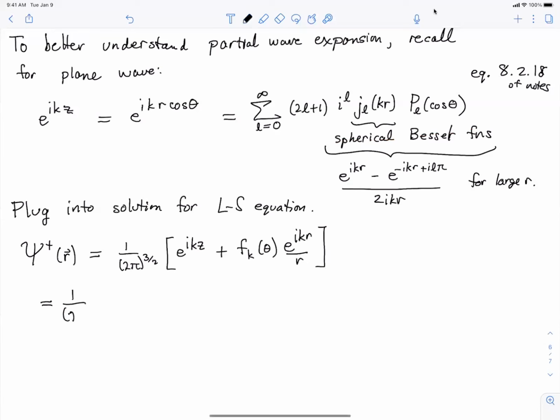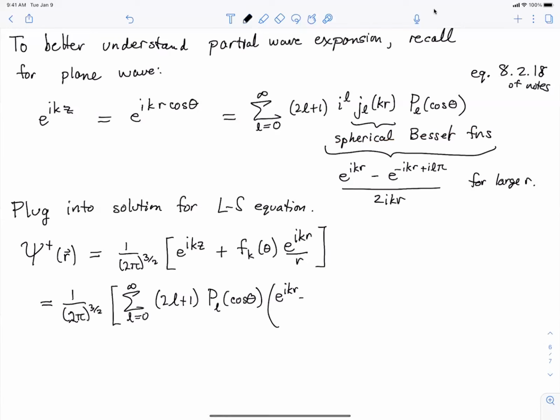So let's just rewrite it all out. Okay, they both involve a sum over l equals 0 to infinity. And they have 2l plus 1s, and they have Legendre polynomials. Okay, and then the plane wave one looked like this at large r.